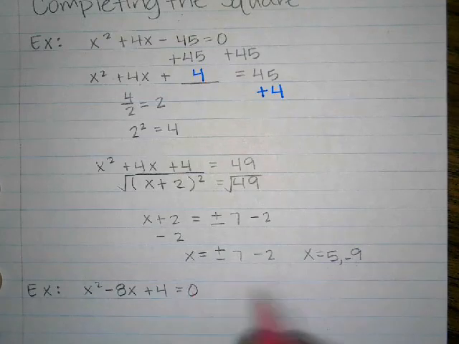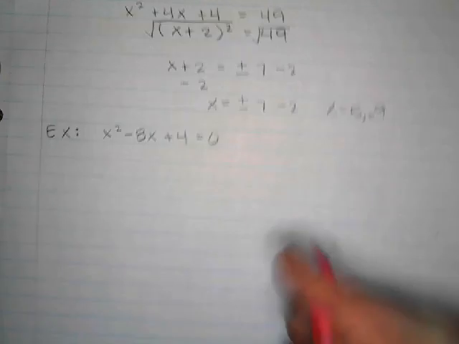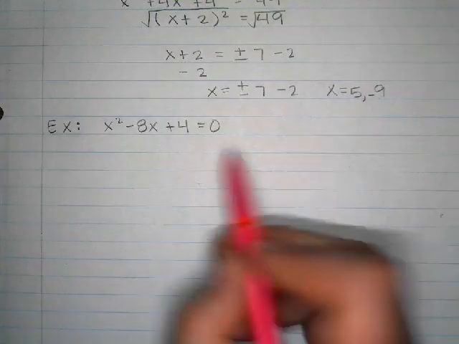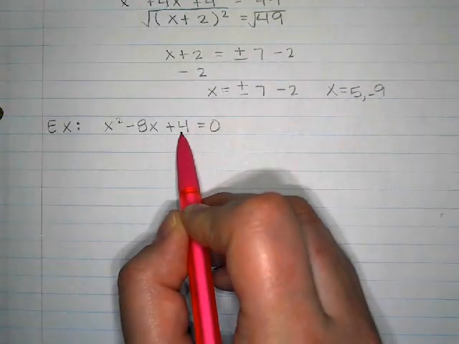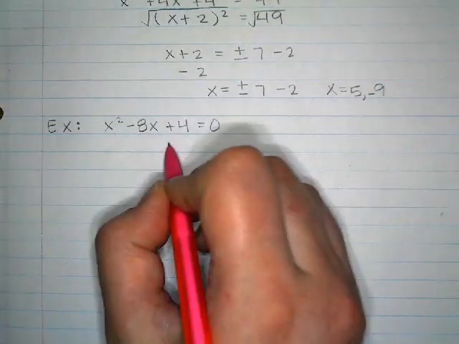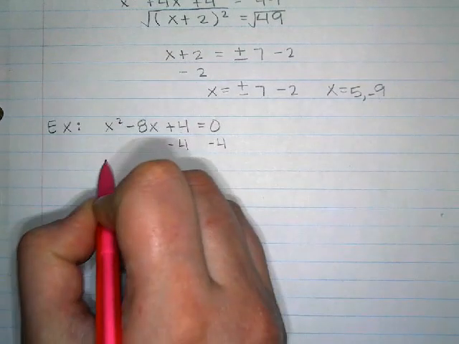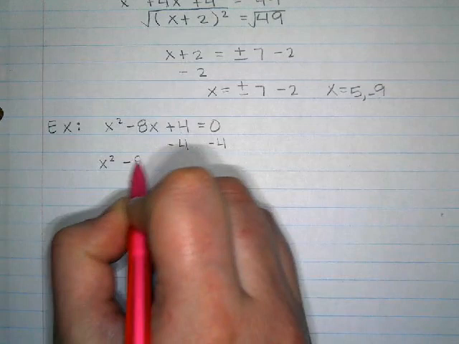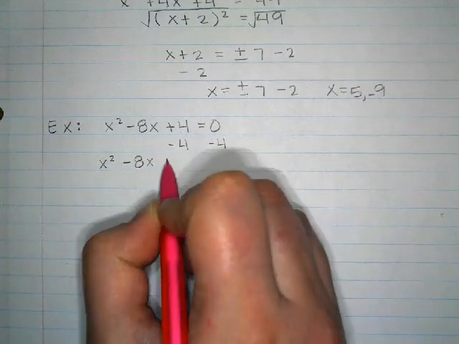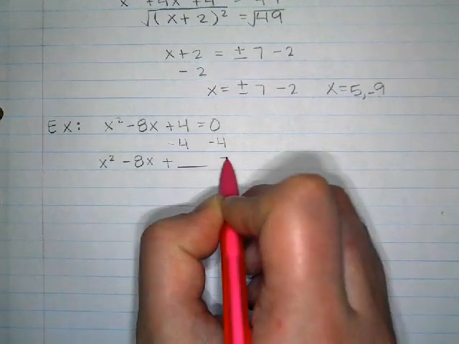Okay, so our first step is to take the number on the end, the constant, and to move it over to the other side. First step. So x squared minus 8x plus the blank equals -4.